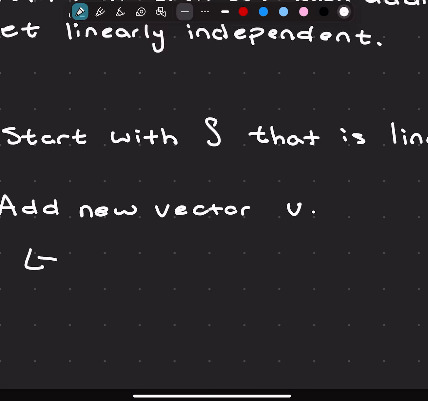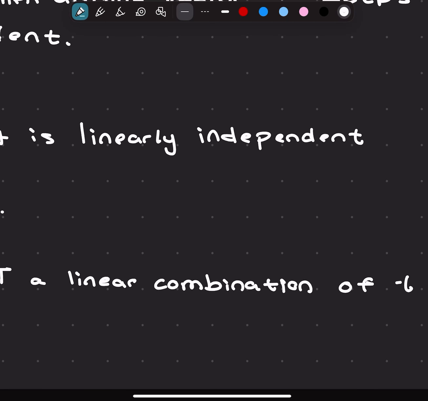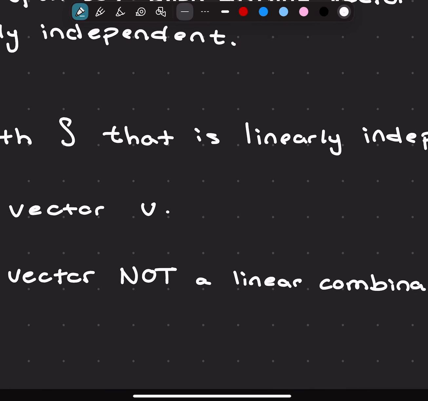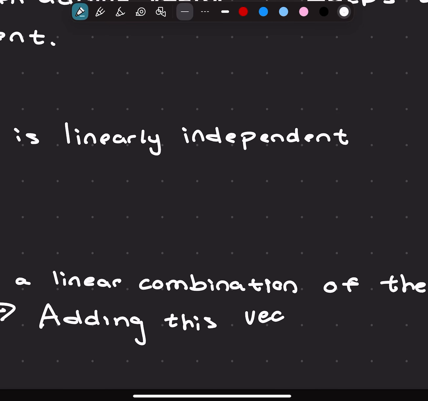If this new vector is not a linear combination of the vectors in S, then adding this vector keeps everything linearly independent, meaning this set stays independent.